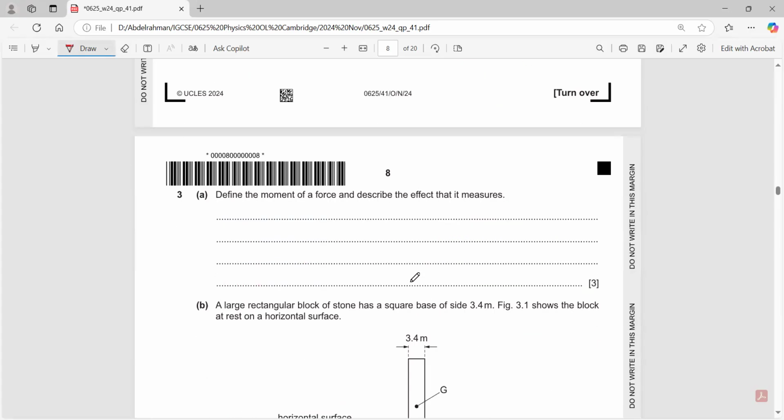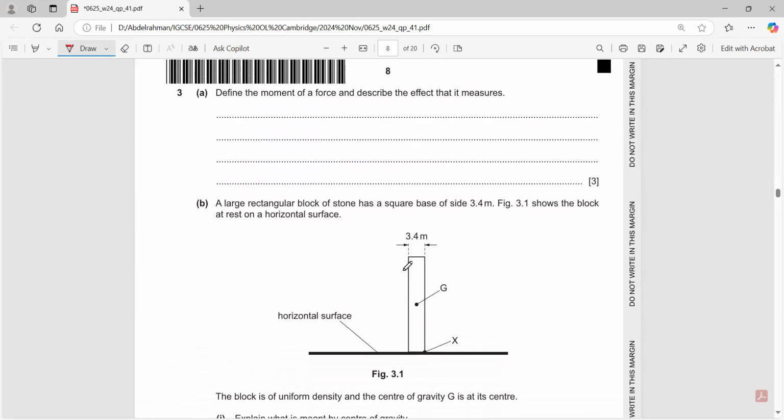Now, define the moment of a force and describe the effect that it measures. What is the moment of the force? Basically, the moment of the force is the force times the perpendicular distance. What does it measure? It measures the turning effect. So basically it is the force times the perpendicular distance to the pivot.